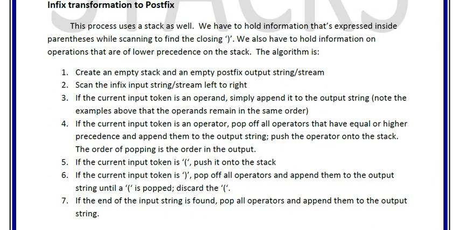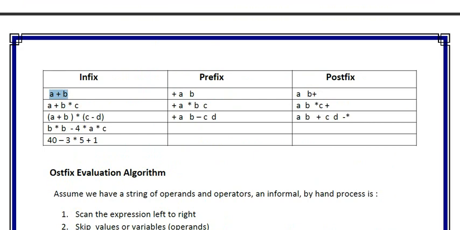Infix to postfix means we need the infix value given here. We need to transfer the infix value into the postfix form. How will we do this? First we will put this into a stack. So what will we get? A, then plus, then the value B. So first of all you need to pop the B and then pop the plus.